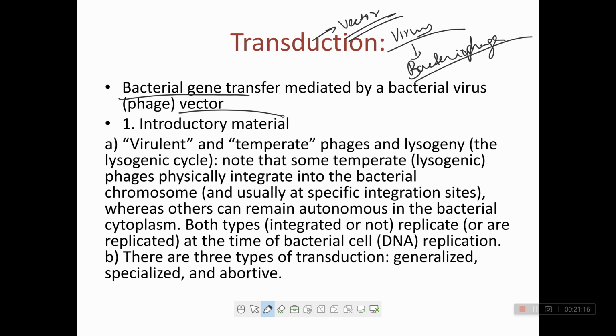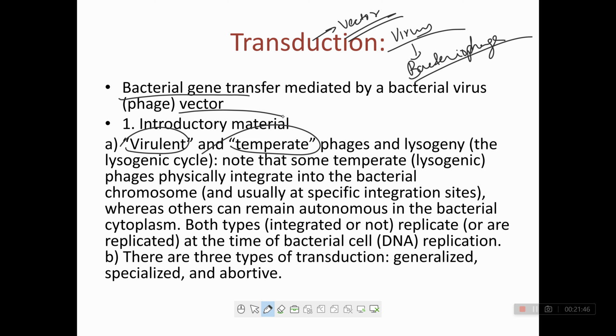First, the introductory material: virulent and temperate phase and lysogeny. Actually, there are two types of cycle that take place during transduction: lytic and lysogenic pathway. Remember, two pathways will take place.